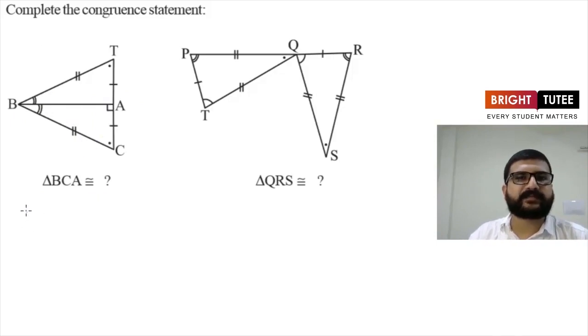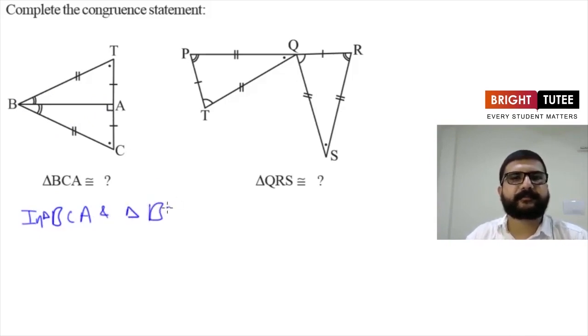Let's consider triangle BCA and triangle BTA first. What are the things we have here? All the three sides of triangle BCA are correspondingly equal to all the three sides of triangle BTA, and all the three angles are also equal.